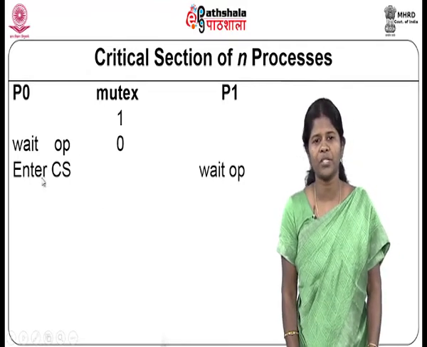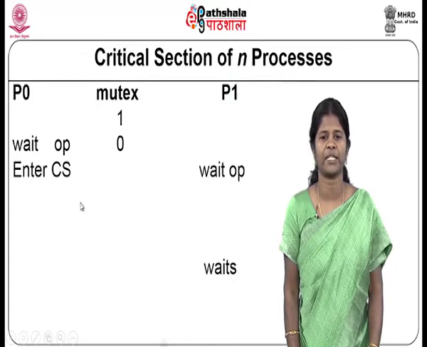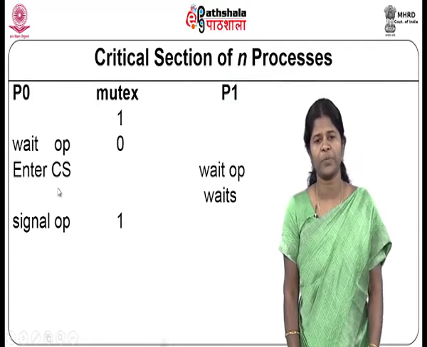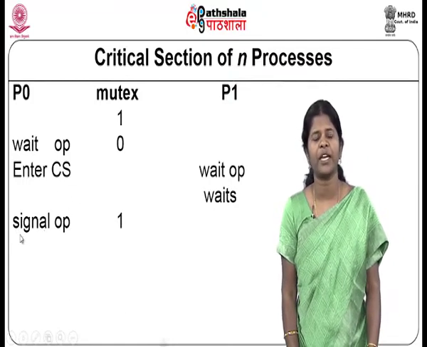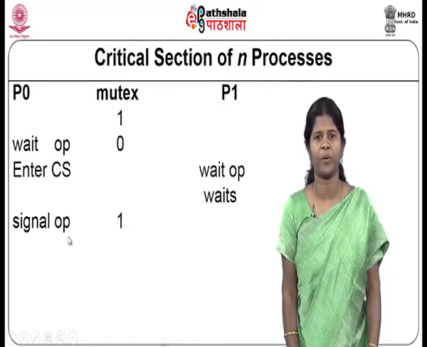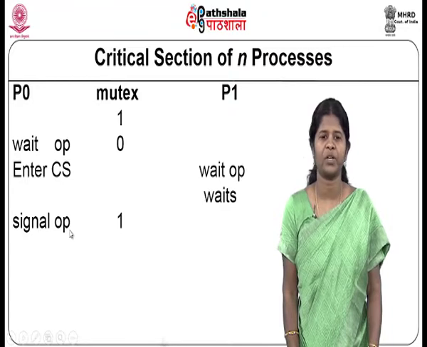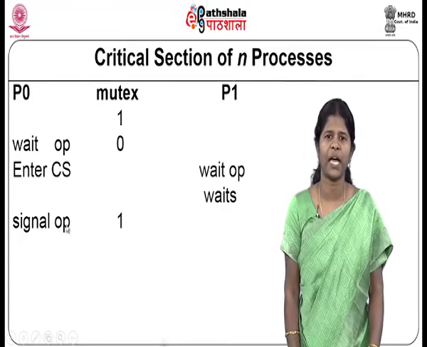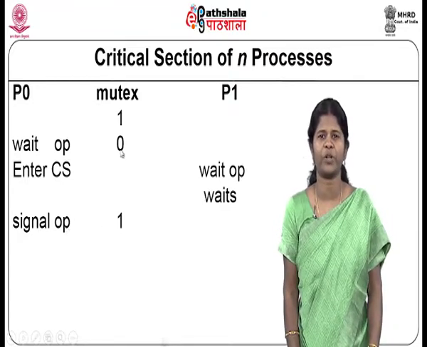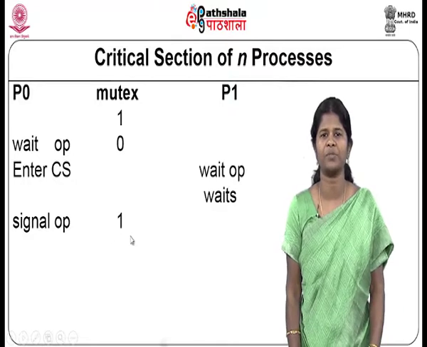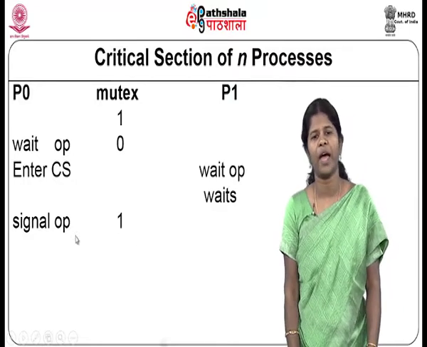When process P0 comes out of the critical section, it executes the signal operation, signal of mutex. Signal of mutex increments the value of mutex, so the mutex value becomes 1 now.